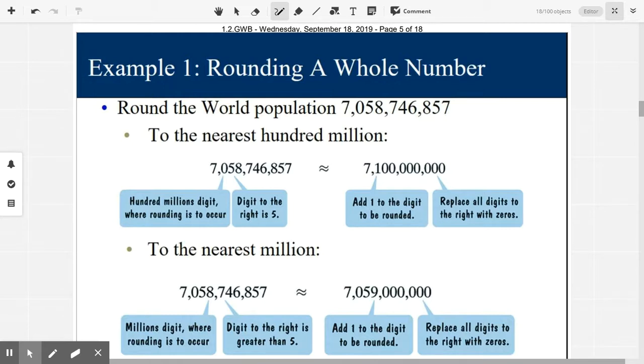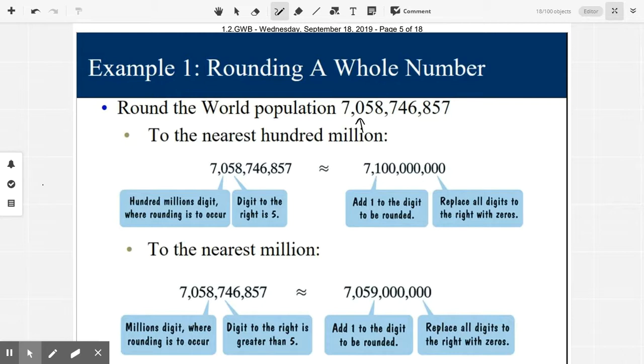So if we want to round it to the nearest 100 million, we go to the 100 million spot, which is right here. So that's the number we're rounding. We look to the number to the right of that, 5 or larger. Yes, that means this number we add 1 to, and everything else goes to a 0. So this is where they get 7,100,000,000 right here.